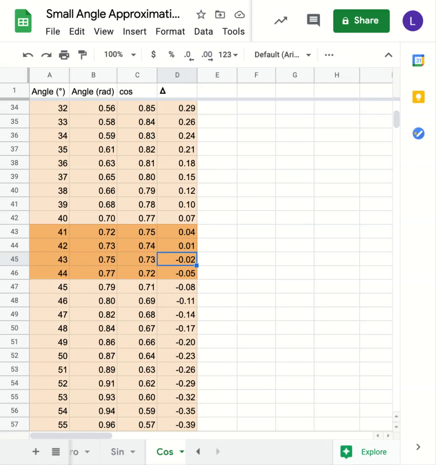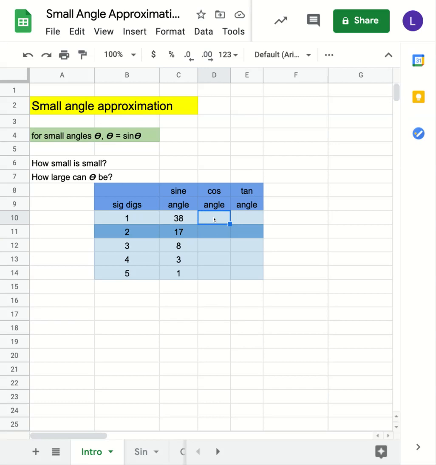So in the end, what we can say is that there really isn't any practical use for the approximation of theta equals cosine theta for small angles or really any others. And so we will just say none. It's not valid at any angles.